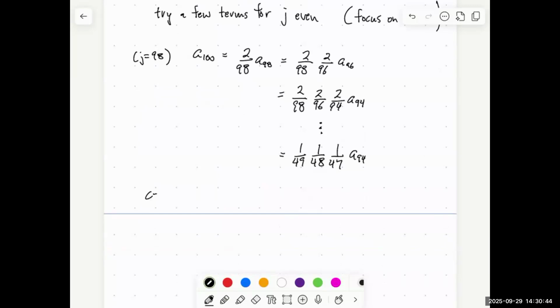And so continuing in this fashion, a_J is approximately some constant, maybe the constant is really just a_0, times 1 over (J over 2) factorial.